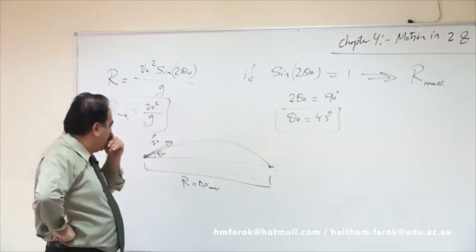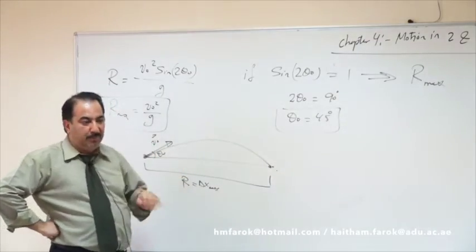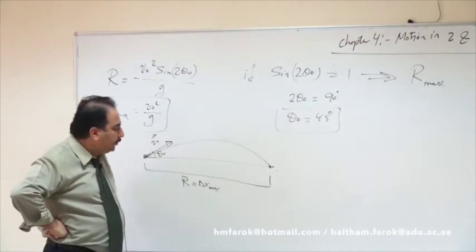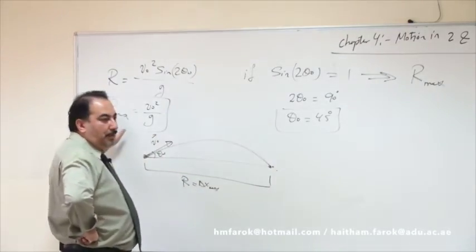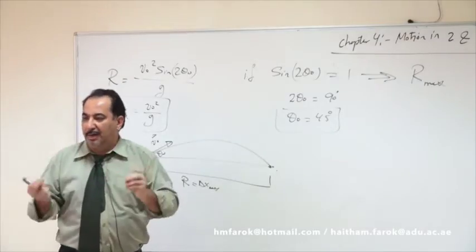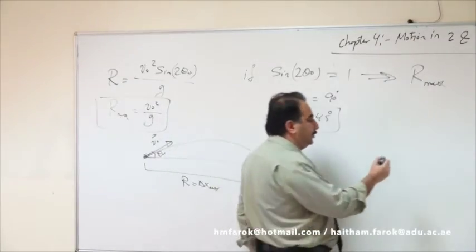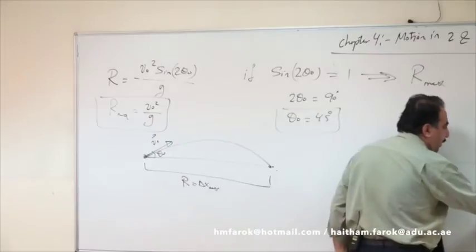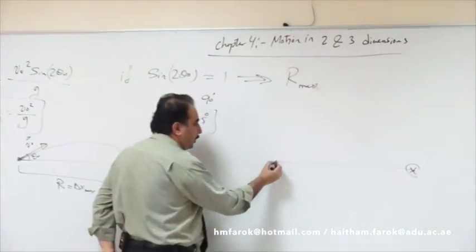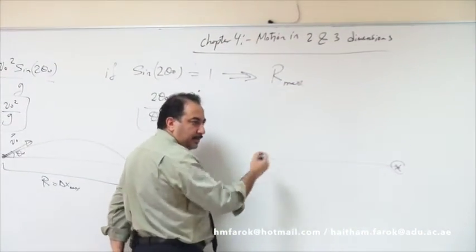What else about symmetric? I'm talking about symmetric firing here. Not about maximum range, just range in general. Let's say there is a target here, and you are here and you want to hit this target.